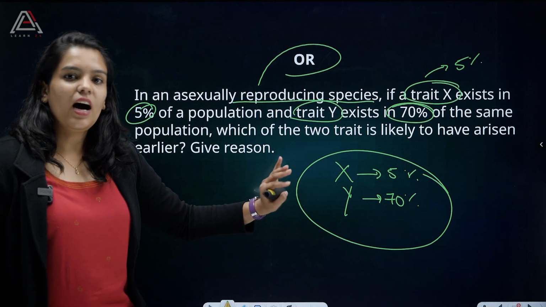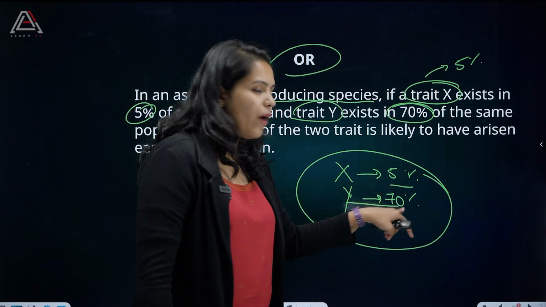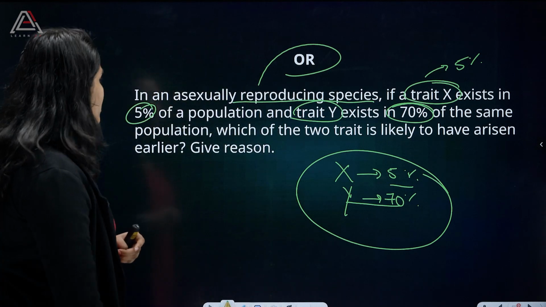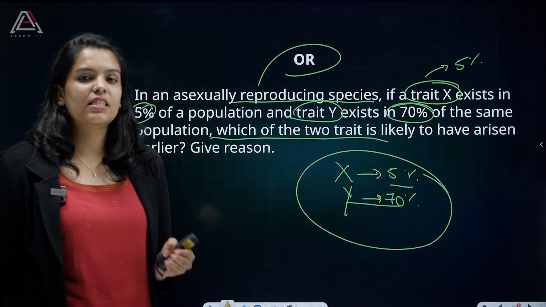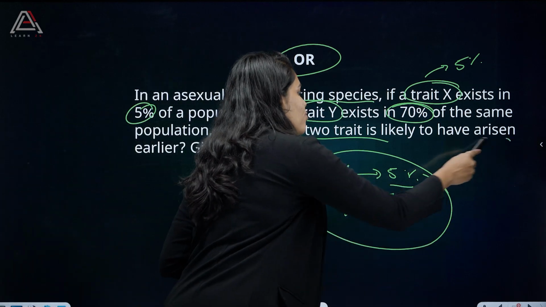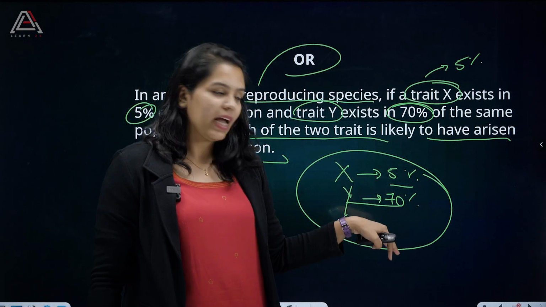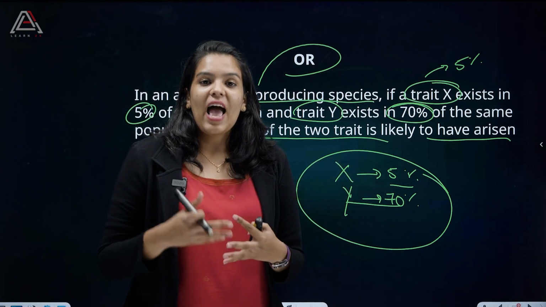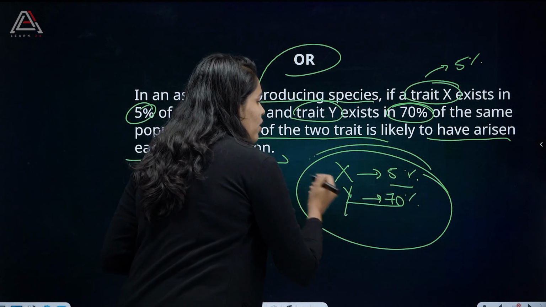The question asked is, which of the two traits is likely to have arisen earlier? Out of X and Y, which of them arose earlier?